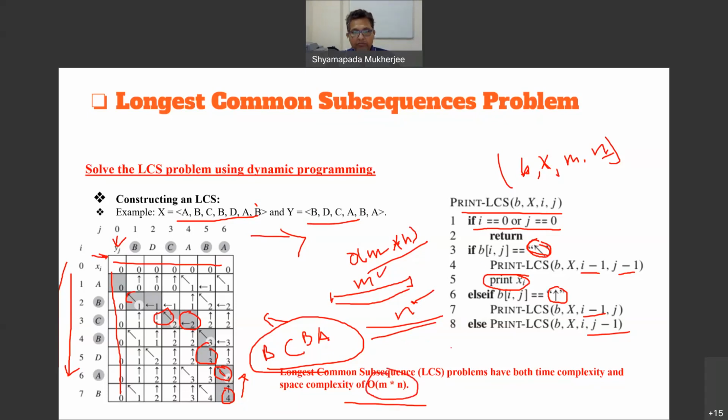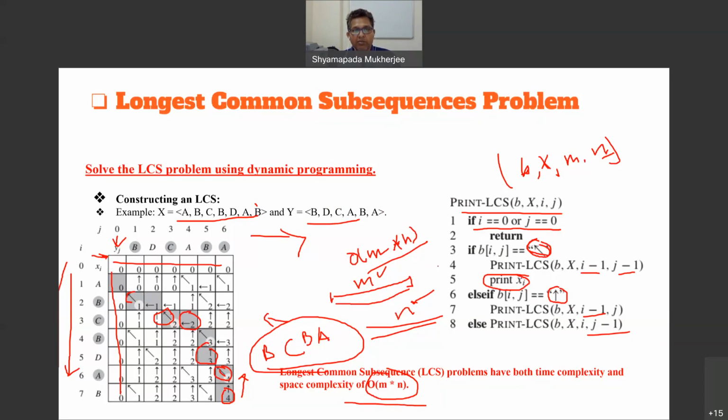So this is the longest common subsequence problem, and we have seen how you can solve this problem using dynamic programming. When we want to solve a problem using dynamic programming, what we have understood after discussing many problems, like 3 problems mainly, along with the elements of dynamic programming, is that we have to use dynamic programming when the problem shows two characteristics or two properties.